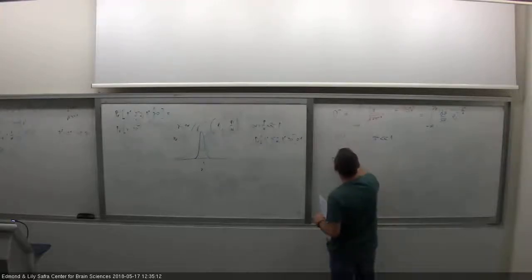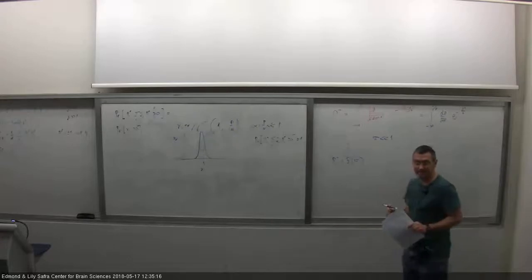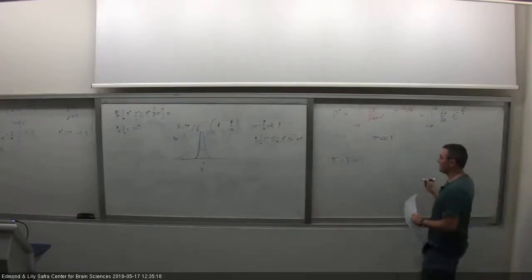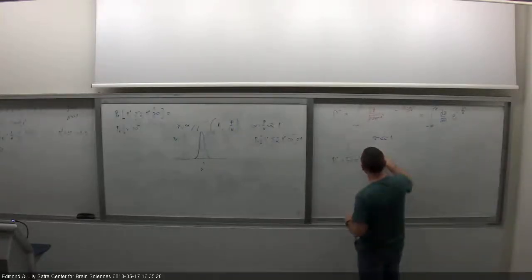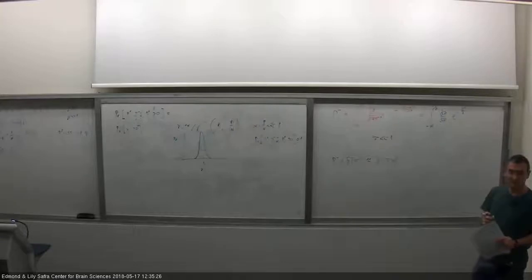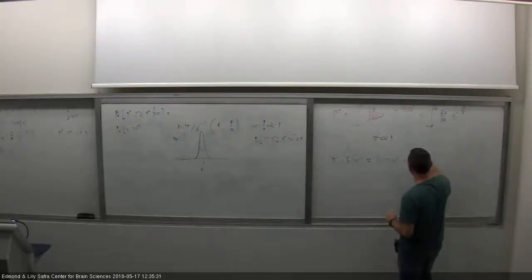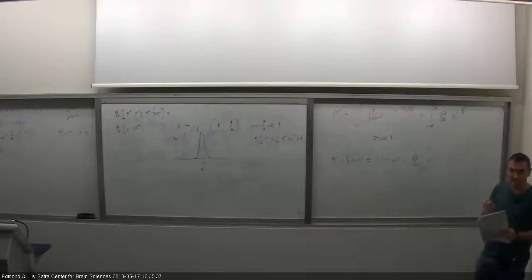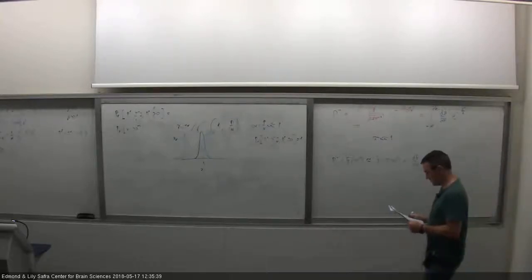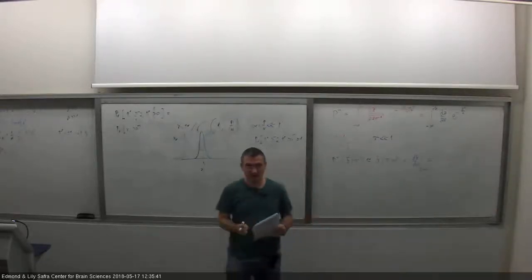So P minus is some function of sigma. So this should be approximately equal to this function when sigma is equal to 0, plus df d sigma when sigma is equal to 0, times sigma. Right? That's the idea.